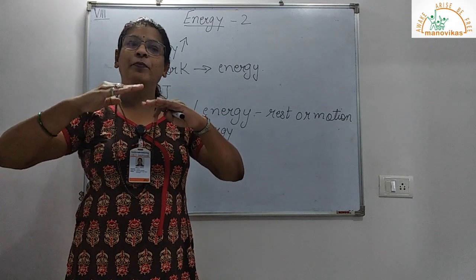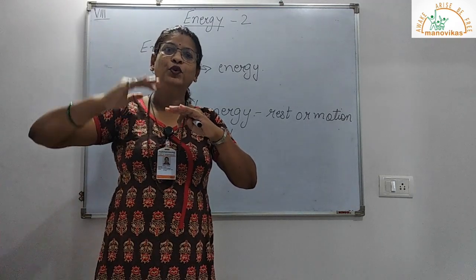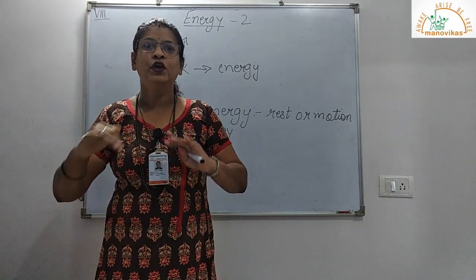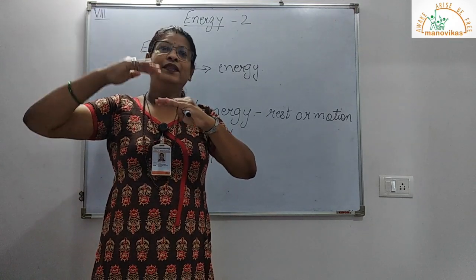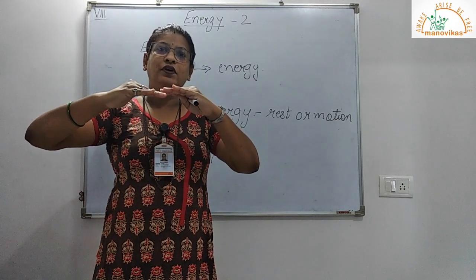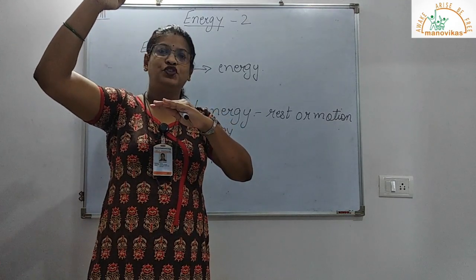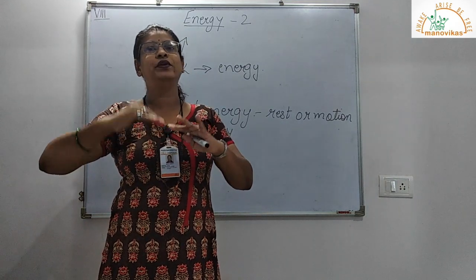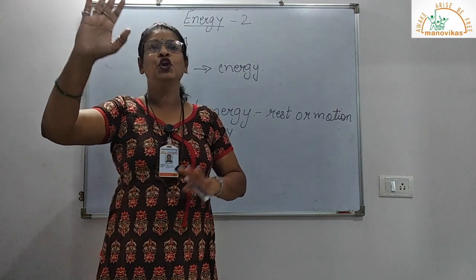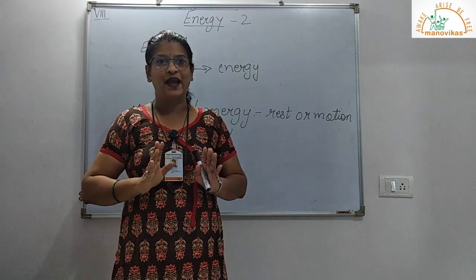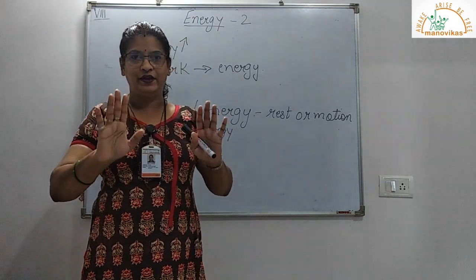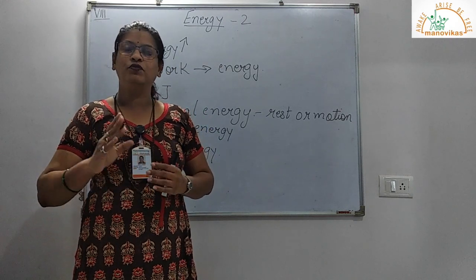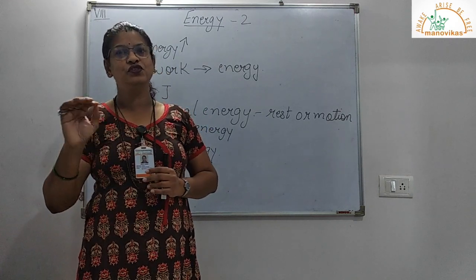Now when the branch returns back to its original position when it is left by the boy, the potential energy is used to return it to its position. So this was an example for potential energy. Now there are many more examples given in the textbook for potential energy. You can just go through them.